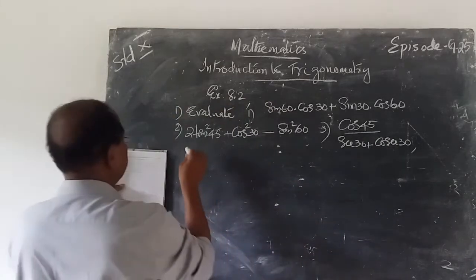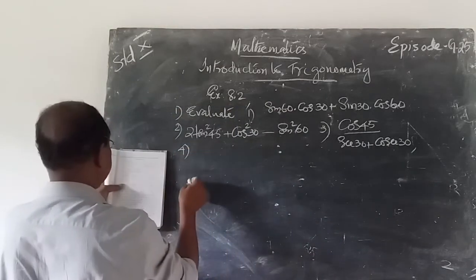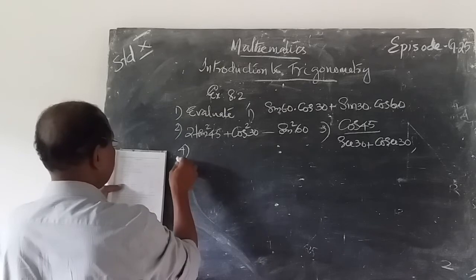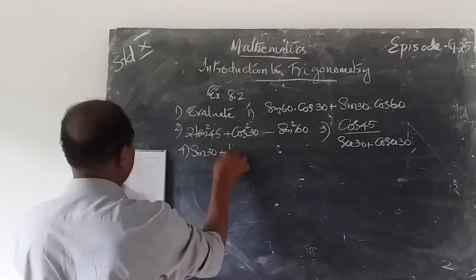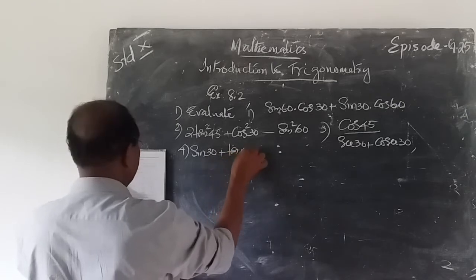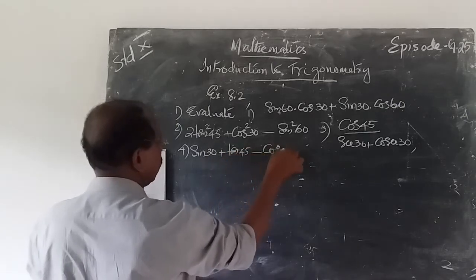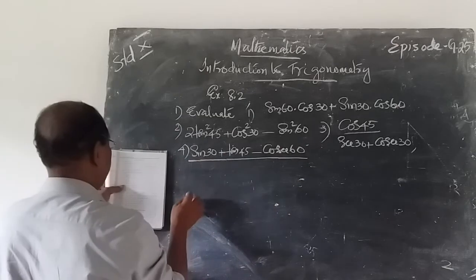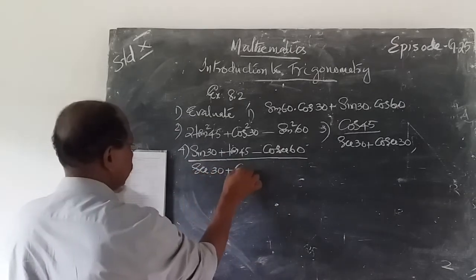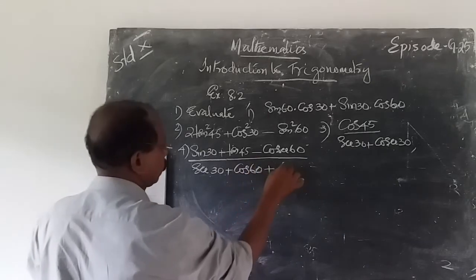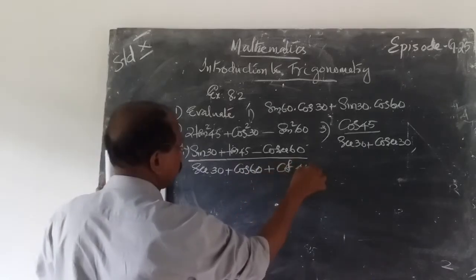Then the fourth question, sin 30 plus tan 45 minus cosec 60 divided by sec 30 plus cos 60 plus cot 45.